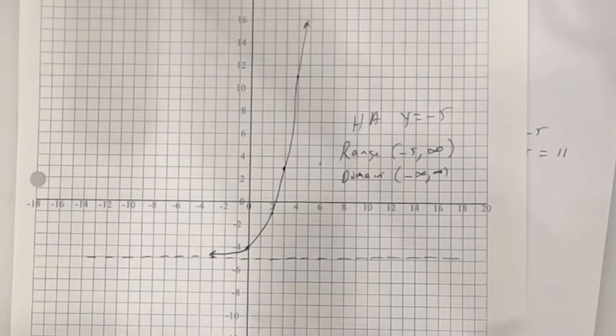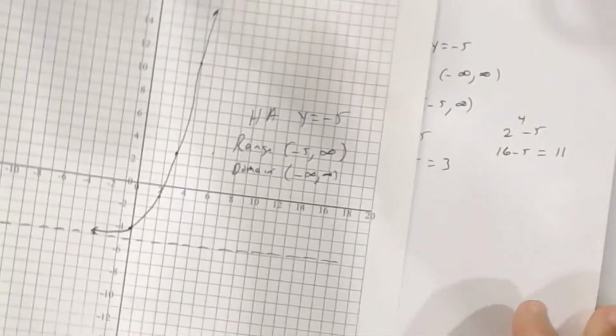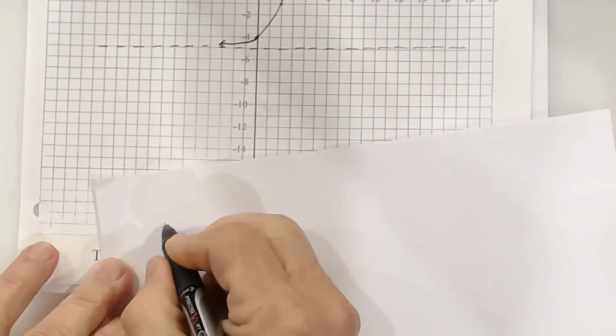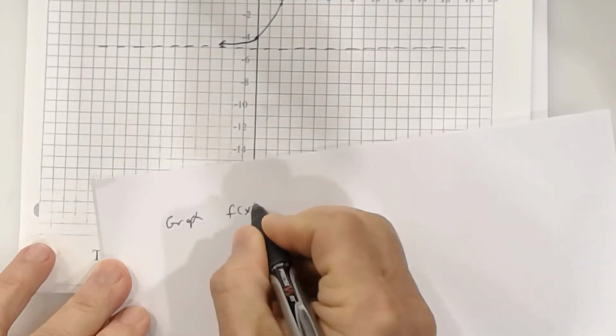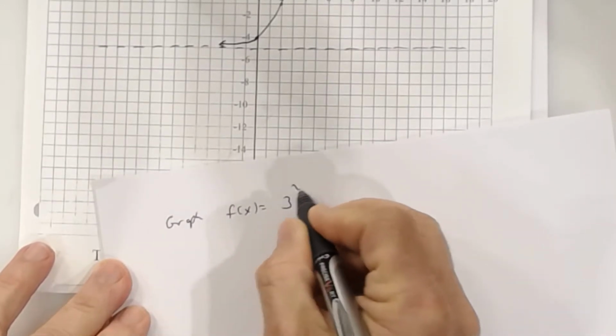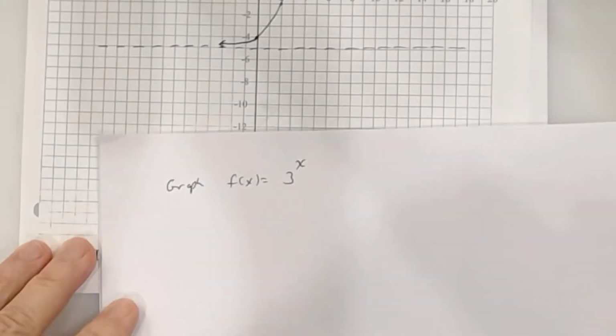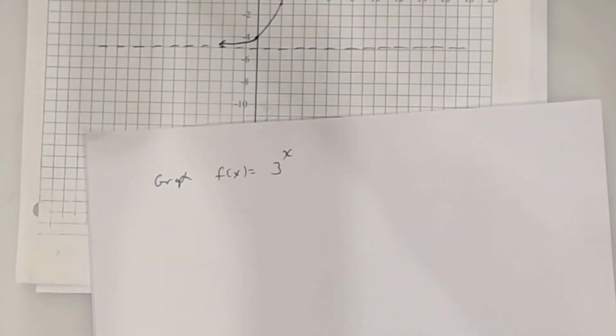All right, let's look at this one. Suppose we had this now. Listen carefully. Suppose we had f of x equals 3 to the x.